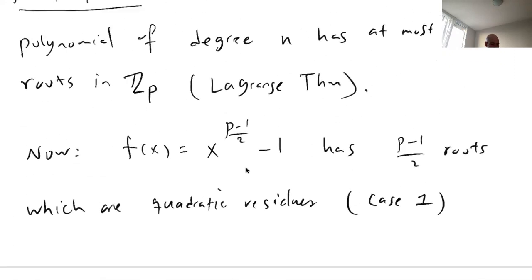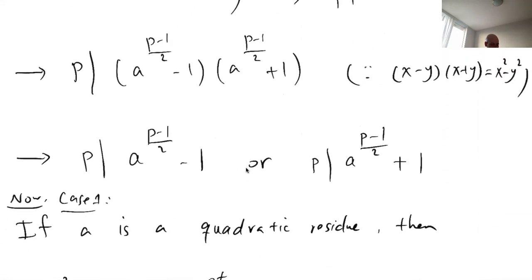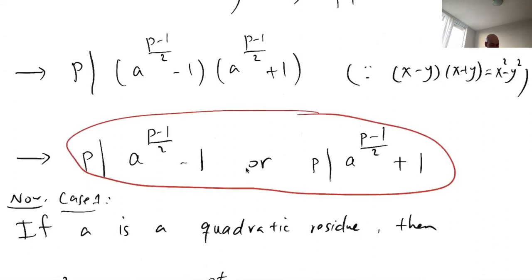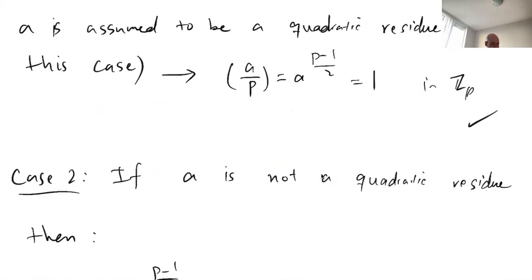Now, we know that either this number or this number must be divisible by p. So if a is a quadratic non-residue, this number will not be divisible by p, so this number must be divisible by p.